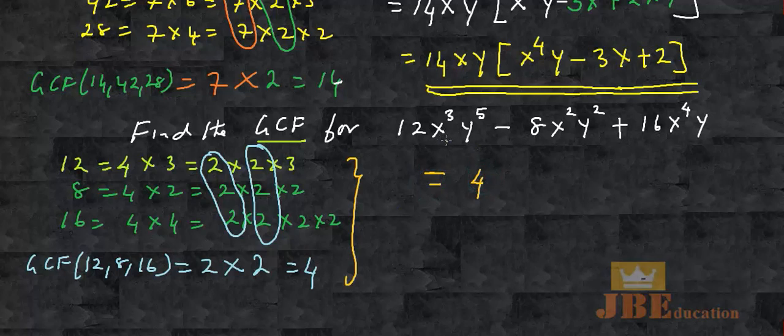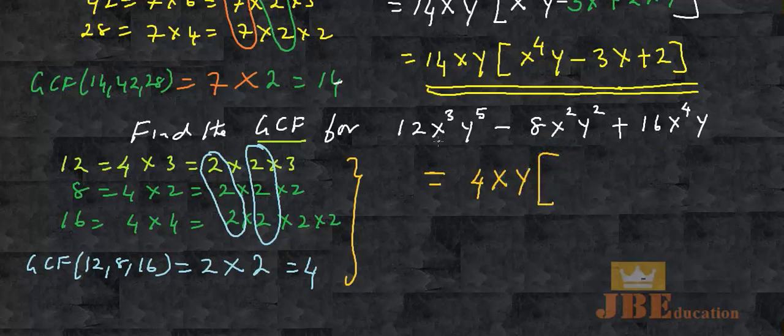Look for the variable. I've got x, y with a degree 5 and a degree 3 and a 5, and an x and a y with a degree 2 and a degree 2, and x and y with a degree 4 and a degree 1. So naturally x and y are occurring all through the polynomial. So definitely we need to have an x and a y. Open the parenthesis.